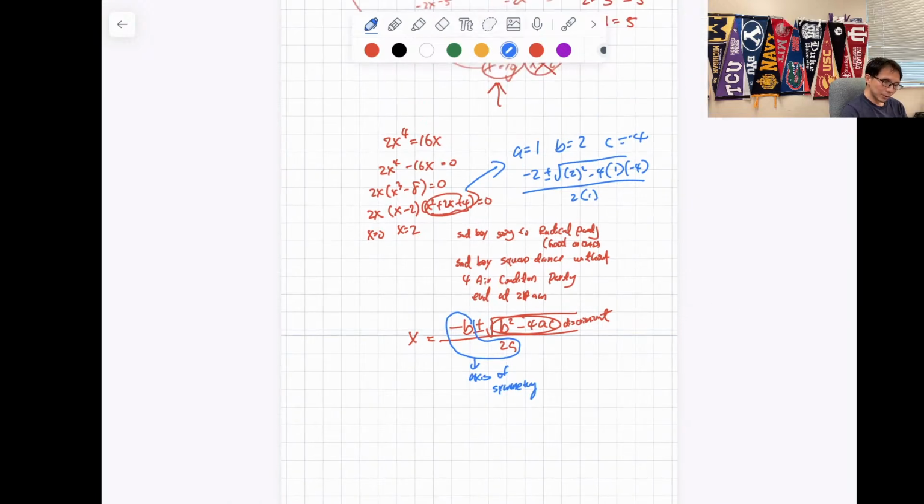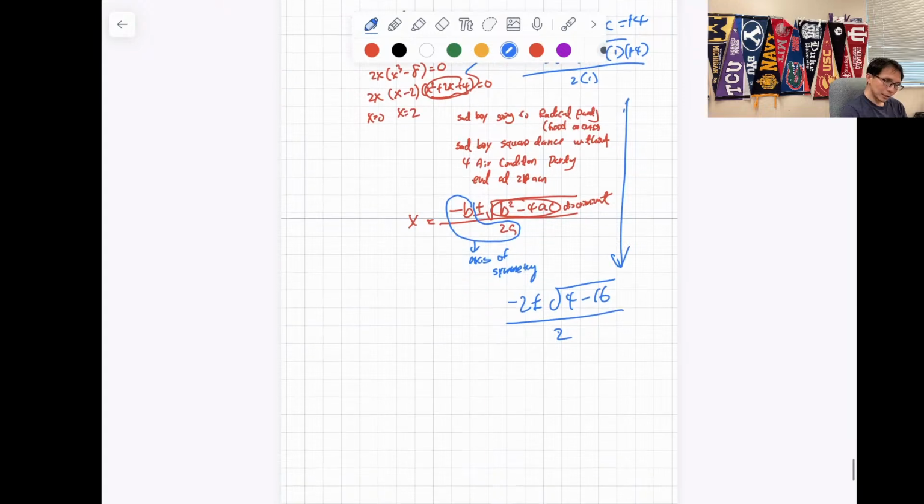Okay, so I'm going to do it on the bottom. So -2 plus minus the square root of 4 minus, this is positive, this is positive, so 4 minus 16 over 2. And it'll be -2 plus minus square root of -12 over 2.